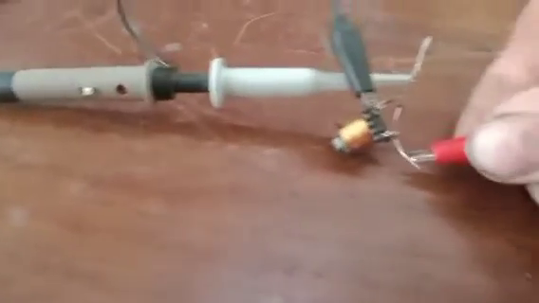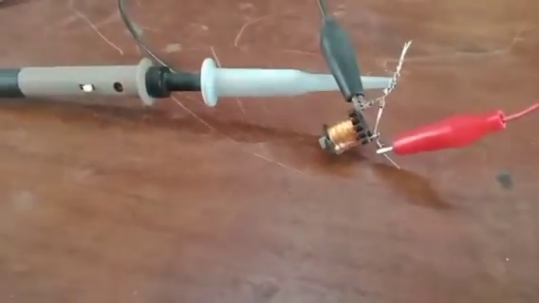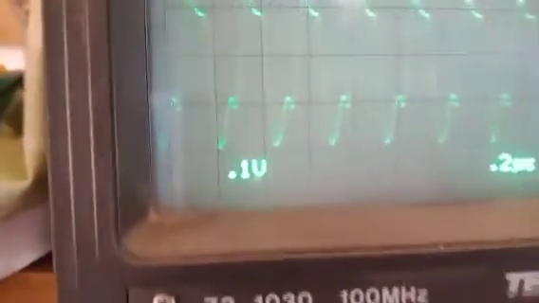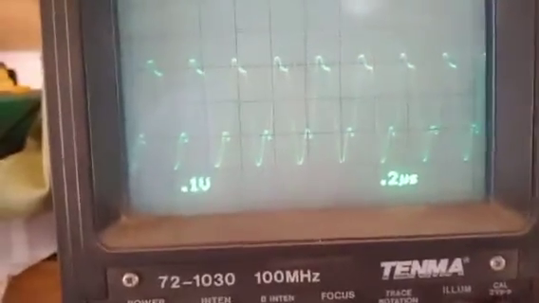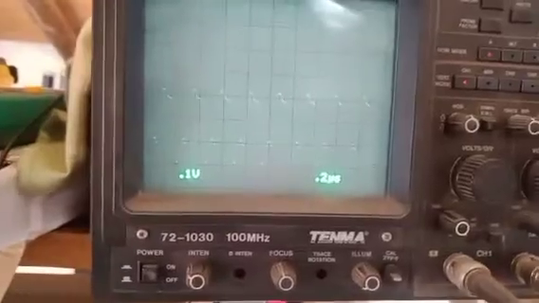So we'll see what happens now. I will attach the same as before, but with the diode in inverse polarity. Okay. So we see we have the same pattern on the negative side now.